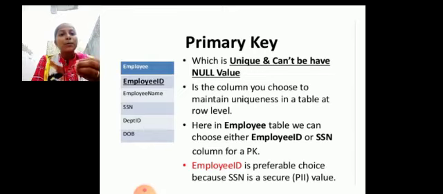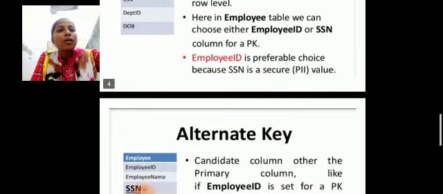So by using that employee ID or SSN we can know the clear cut information about the employee. So in that employee table primary keys are employee ID and SSN.